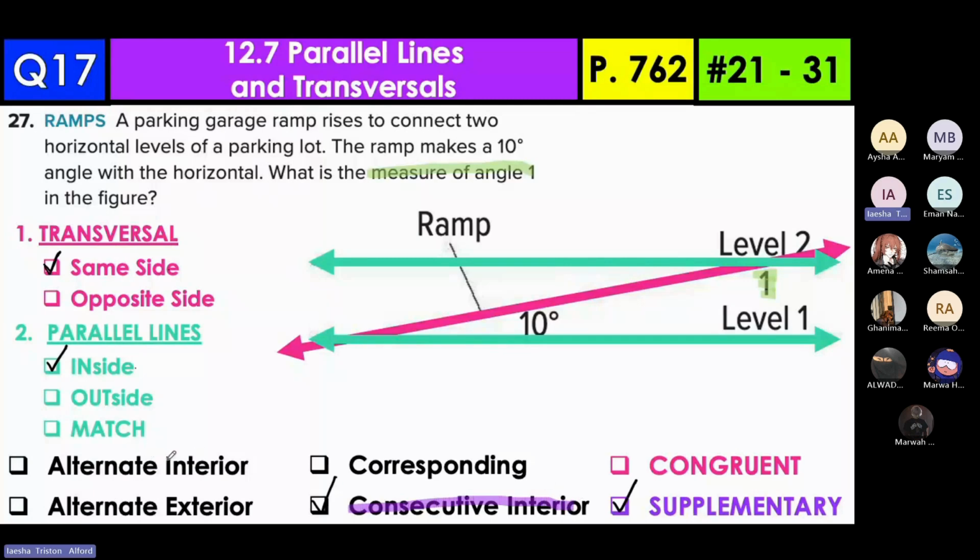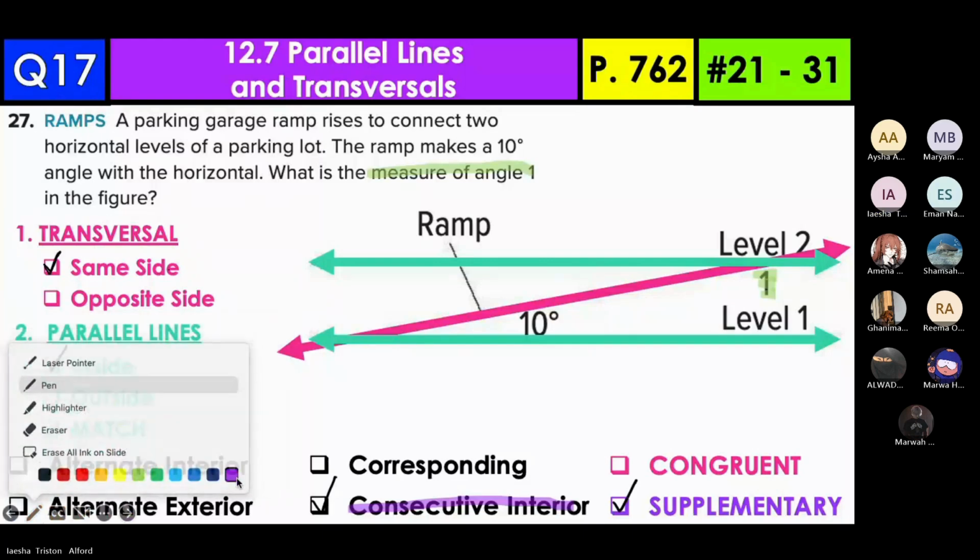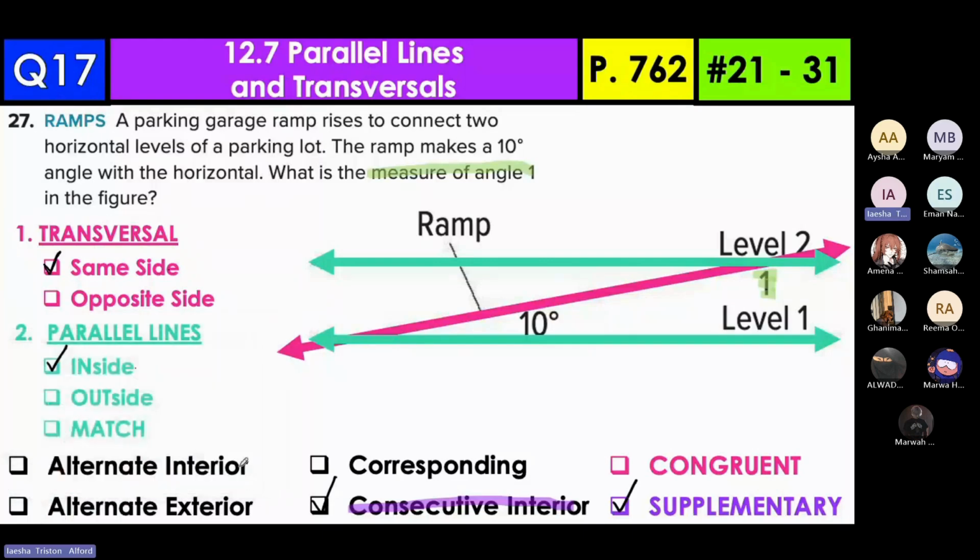This one is congruent. This one is congruent. This one is congruent. The only one supplementary is consecutive interior or consecutive exterior. What is the meaning of supplementary? 180. So it should be 180.